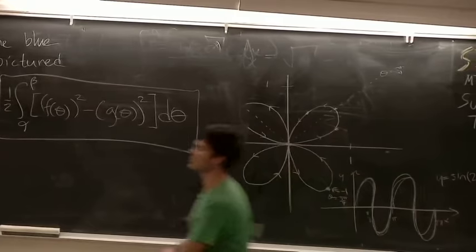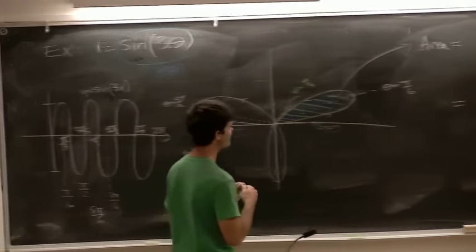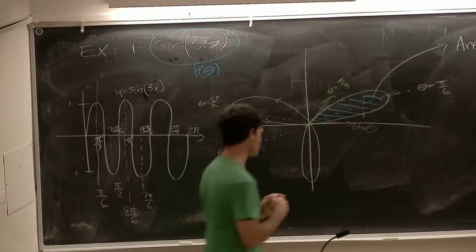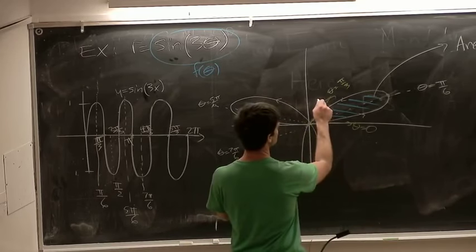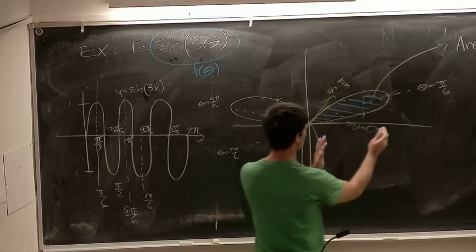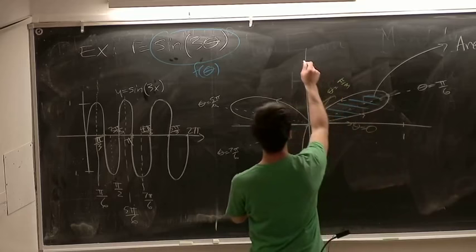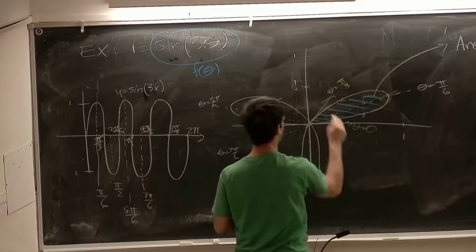So, for example, let's look back at this one. This is going to come up on a homework problem. What if I drew a circle? Let's see, here's about 1, and here is about 1/2.